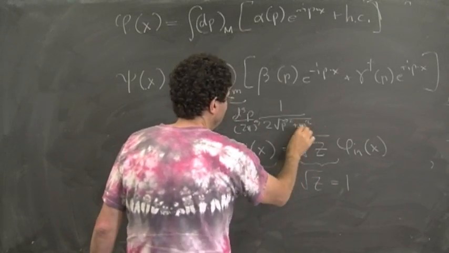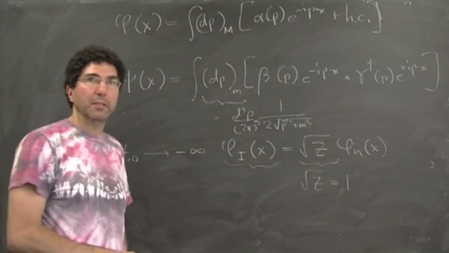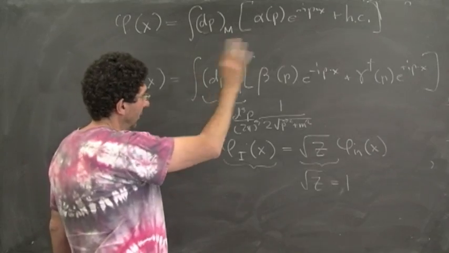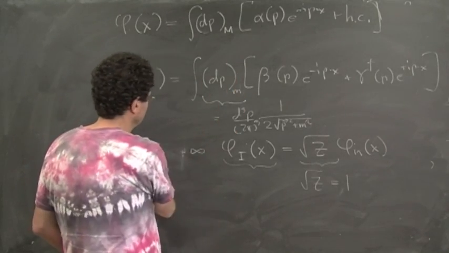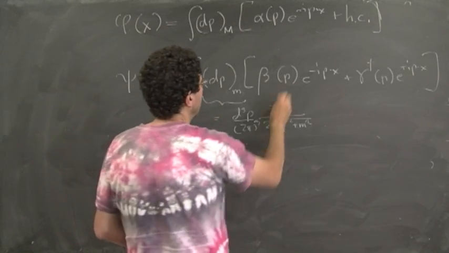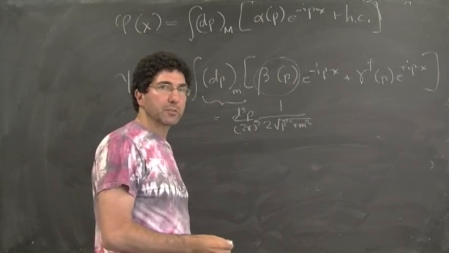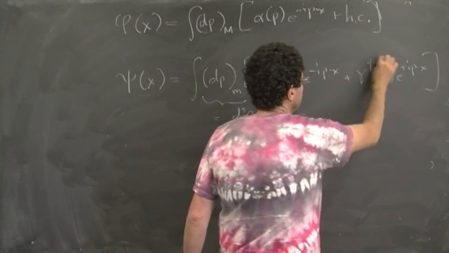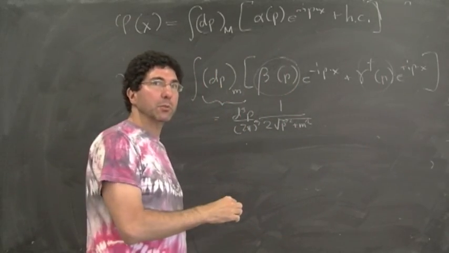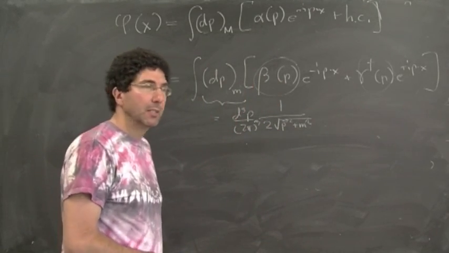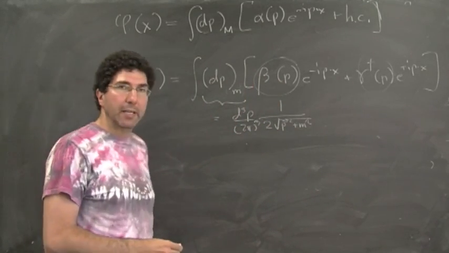So the mass is important here. Remember that all of these are interaction picture fields, and this right here annihilates nucleons, which for example we can take to have charge plus 1. This thing creates antinucleons, which have charge minus 1. So that's our basic setup.